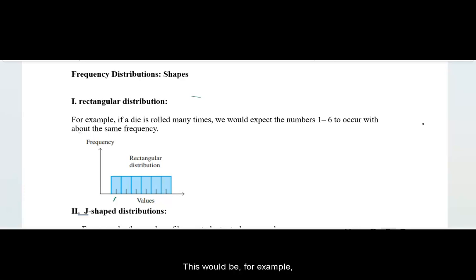This would be, for example, the frequency that we saw when we rolled ones. How many ones did we get? How many twos did we get? All the way up to how many sixes did we get? And like I said, we would expect to see about the same frequency. And here are your frequencies. So whatever that is, we would expect to see about the same, which would give us a rectangular distribution.